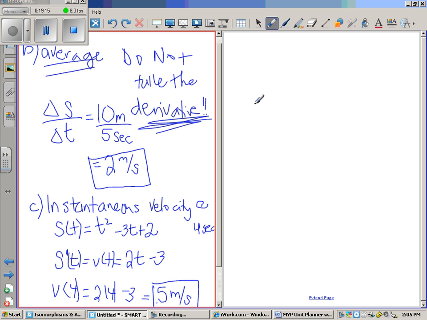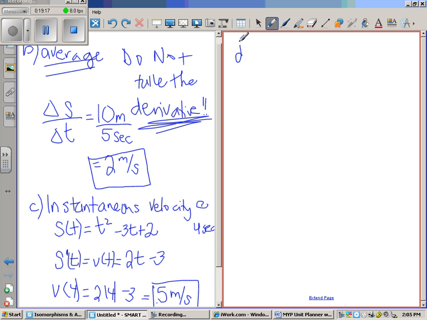Okay, part D asks you to find the acceleration. Well, based on what we just discussed, acceleration is the derivative of the velocity graph. So I want the acceleration at t equals 4 seconds. So I need to find an expression for acceleration.